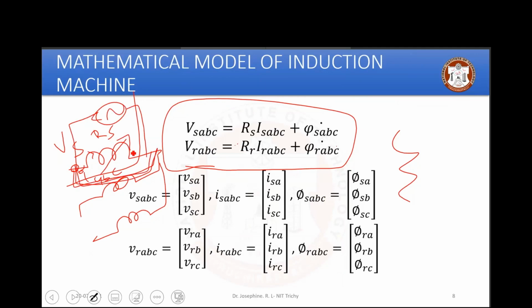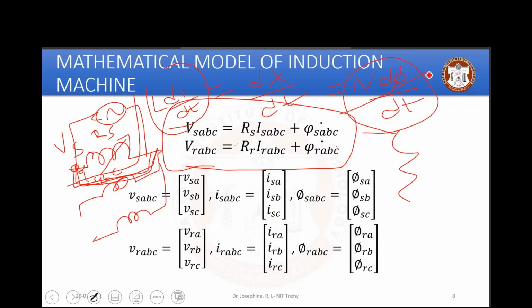You can write it as L di by dt, or you can write d lambda by dt. Both are fine, because we know that L di by dt is the electrical equivalent representation, or N d phi by dt is an equivalent representation of back EMF. Both are fine if you take that back EMF representation.